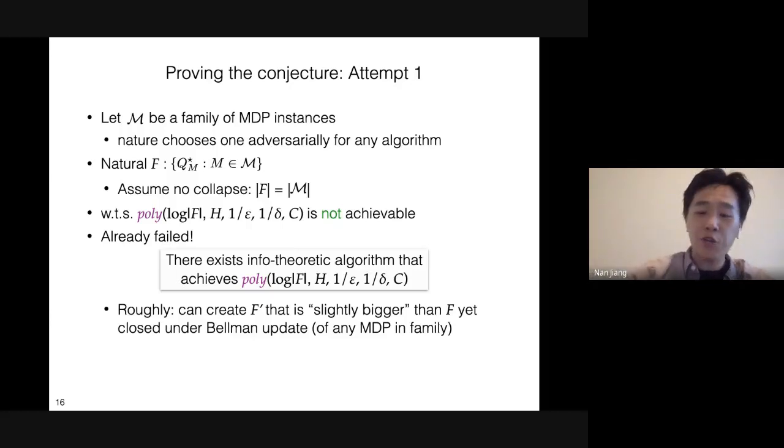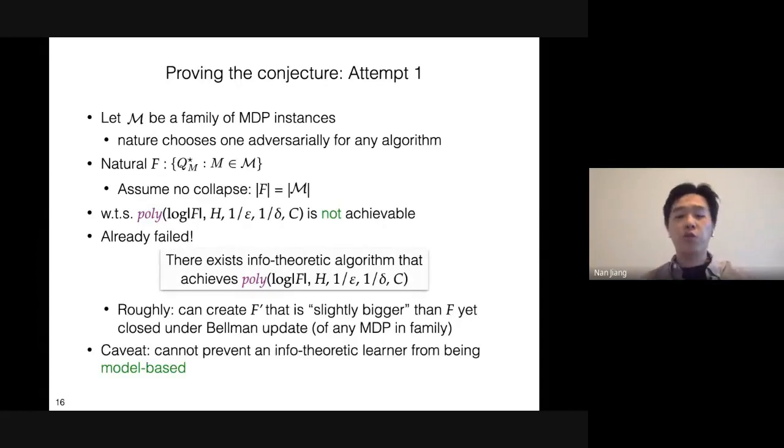So the actual issue here is that when you prove an algorithm-agnostic lower bound, you don't want to put any restriction on your algorithm. But that turns out to be the wrong thing to do here, because if you don't put any restriction, your algorithm can be model-based.